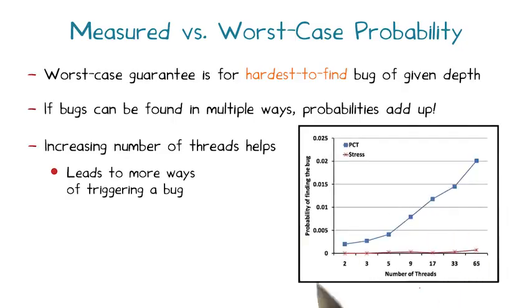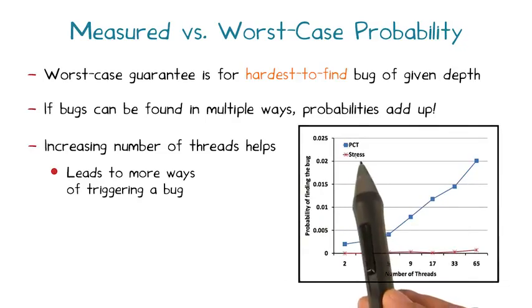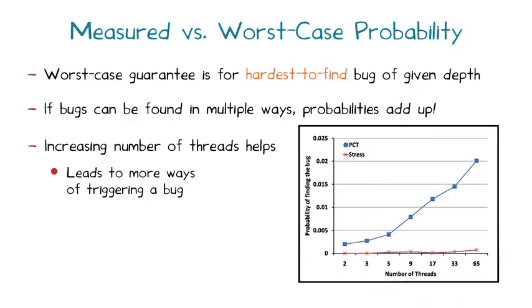Here is a plot showing the probability of finding a concurrency bug in a work-stealing queue program using Cuz's algorithm called PCT versus stress testing as the number of threads in the program is increased. The interesting thing to note is that the probability of detecting the bug with stress testing is low and non-deterministic. On the other hand, for any given number of threads, Cuz has a higher probability of detecting the bug.